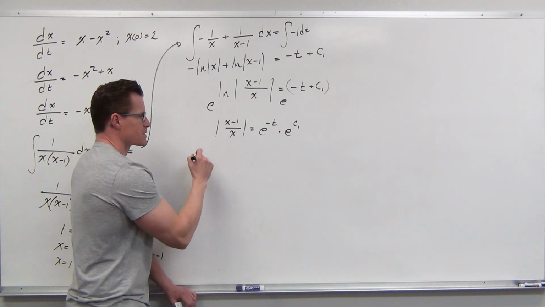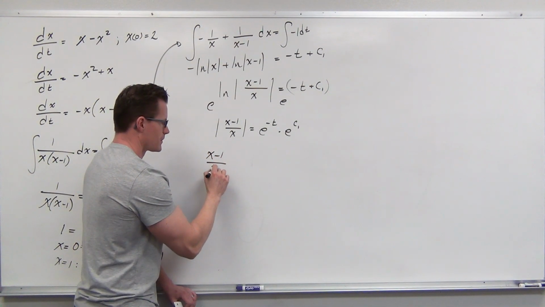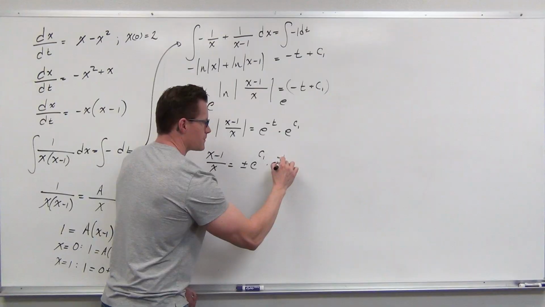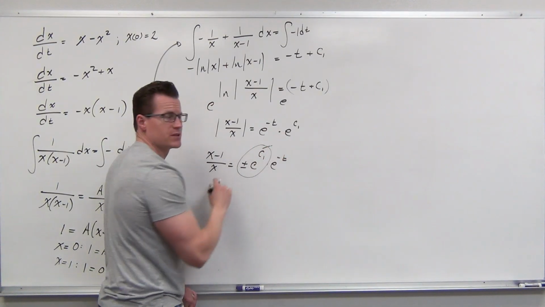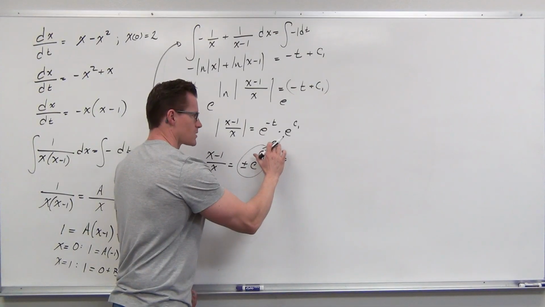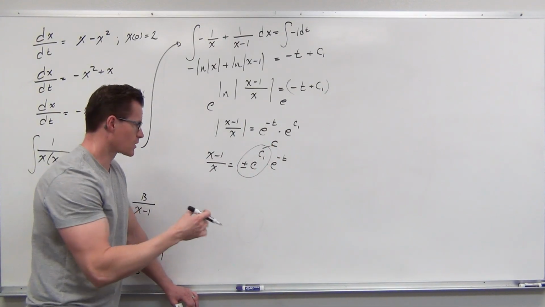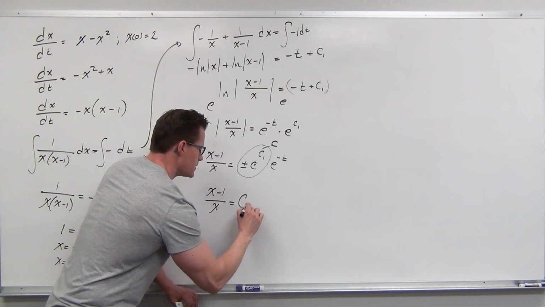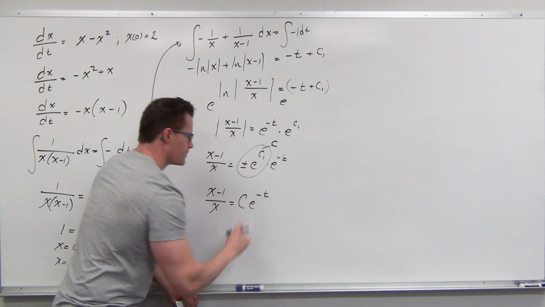Well, if we wrap up this absolute value as a plus and minus, then this whole thing, we've done this many times, we can define that to be a c. So that's our constant. So x minus 1 over x equals c e to the negative t.